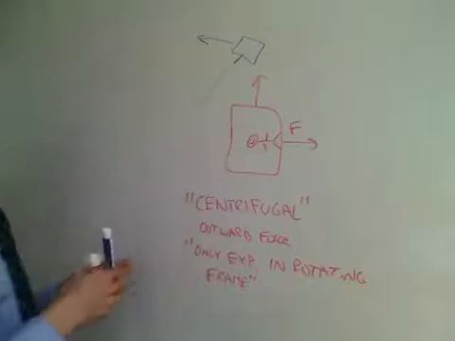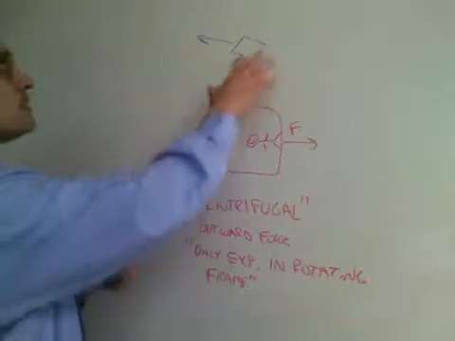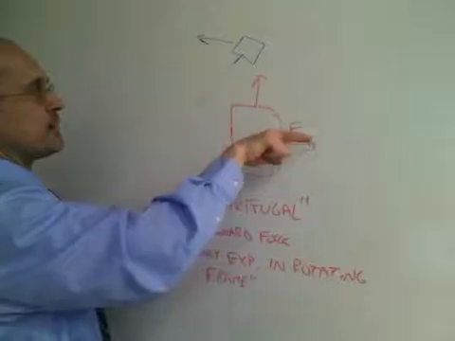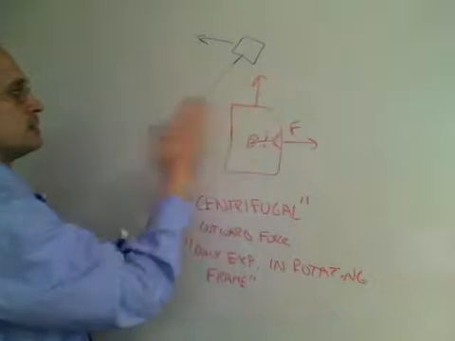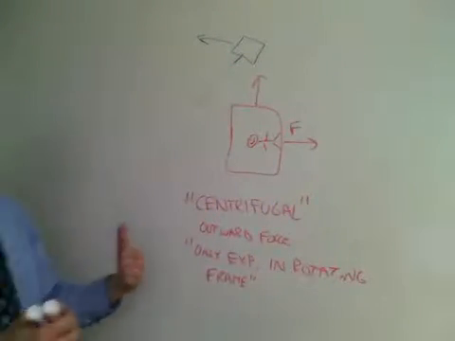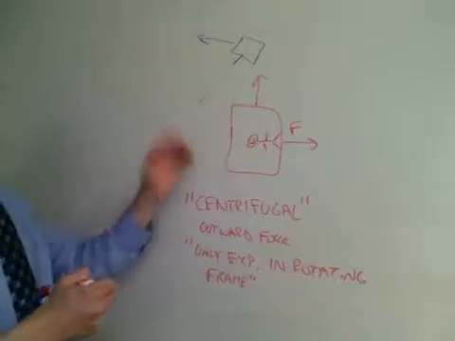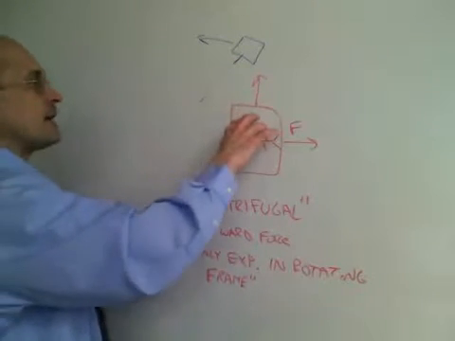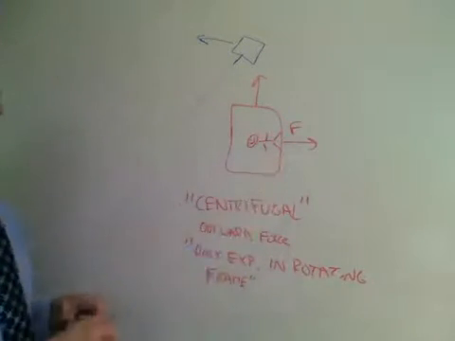But what really is happening, if you were the outside person watching this happen, is that you say, no, there's not some outward force pinning you to the bottom. What's really happening is the bottom of the can is pushing you in, and you're really experiencing the centripetal force from the bottom of the can. There's really not this centrifugal force pinning you down, but in your rotating frame, you feel it as being pushed to the bottom of the can.